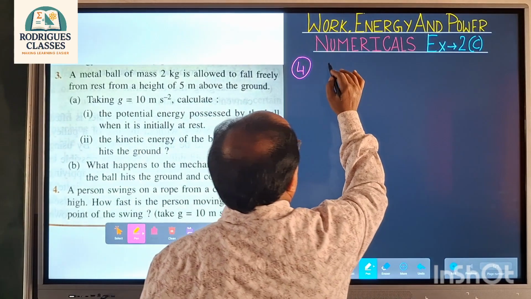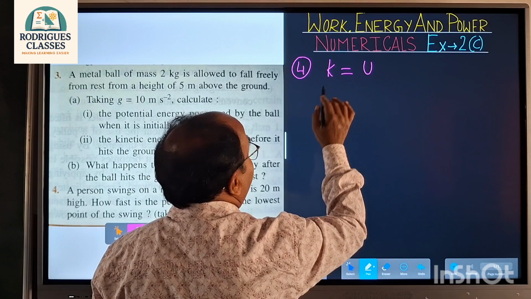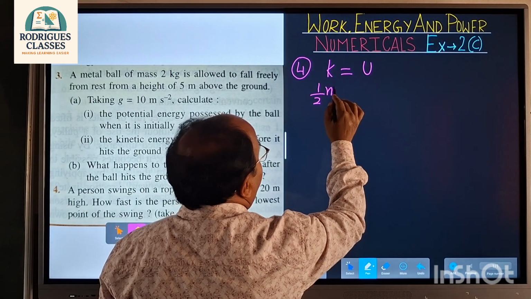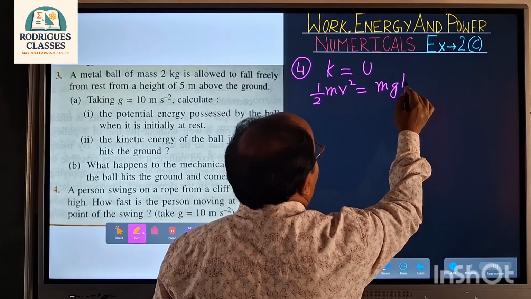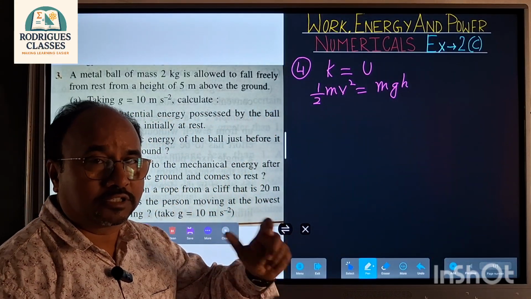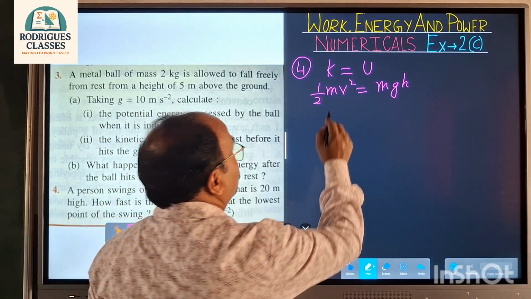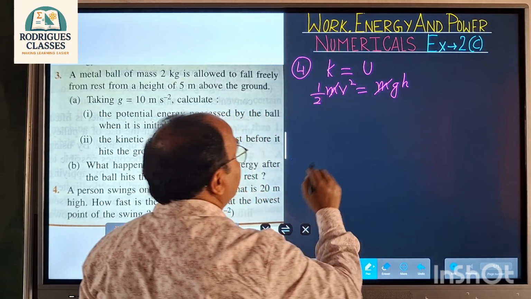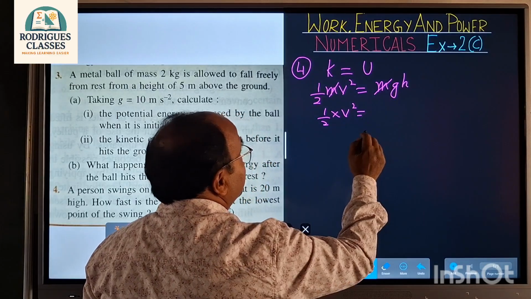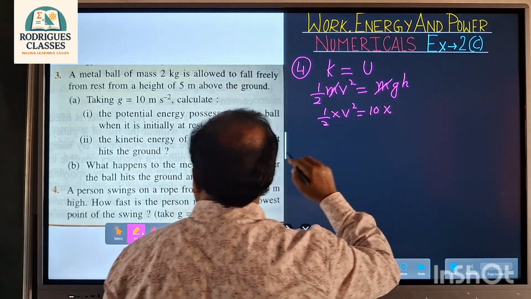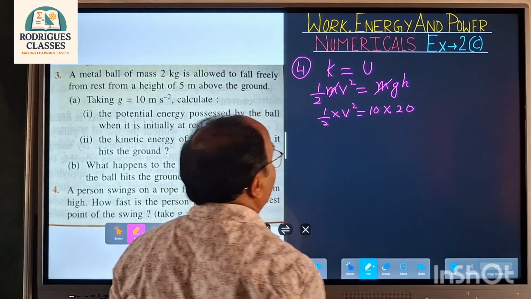So we write here kinetic energy equals potential energy. For kinetic energy, I write half mv square, and for this I write mgh. Remember, the person is the same, so the mass remains the same. So m is cancelled from both sides. Half is written, we have to find v, so v square. g is 10 and height is given as 20 meter, so we write 20.